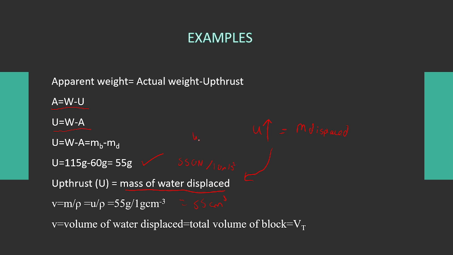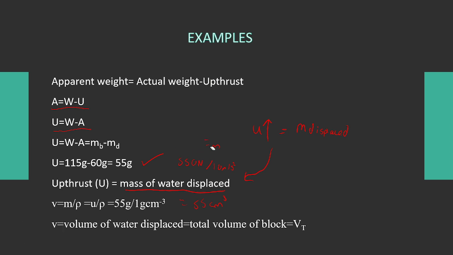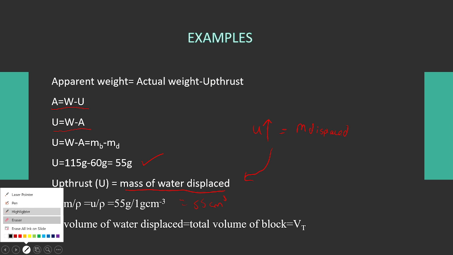So that would have been the weight divided by the acceleration due to gravity to get the mass. But that wouldn't be the focus for this one because we're given everything in masses. So we can just go ahead and use the actual masses when we are working with the upthrust and the weight. Okay, so that's just by the way, just something that I wanted to put across.